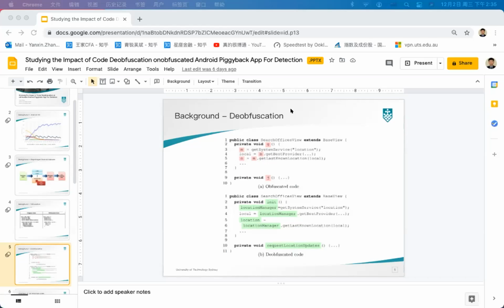Basically, it's a model-based strategy. The deobfuscation tool will first learn from the obfuscated code and also the deobfuscated code. So there is a training set teaching the related obfuscated code and deobfuscated code. Once the model is well trained, if people feed in some new obfuscated code, it will give the deobfuscated code back.